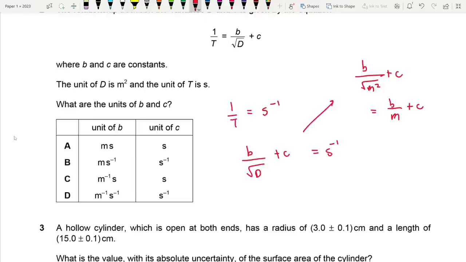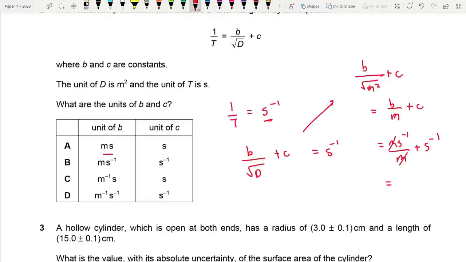So essentially, I want to get rid of the meter, right? Look, A is invalid because if I write it meter per second by meter plus second, we can get rid of the meters, but the net answer becomes 2 seconds. But I am looking for second to the power minus 1, so A is not the correct answer. If I go for B, it is meter per second divided by meter plus second to the power minus 1.